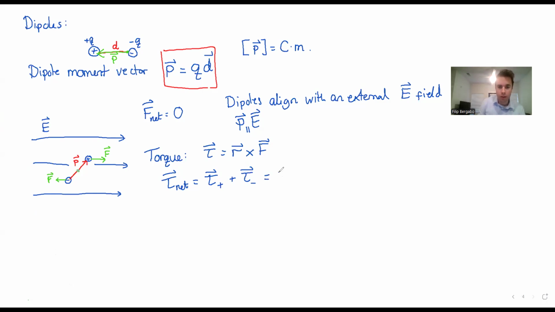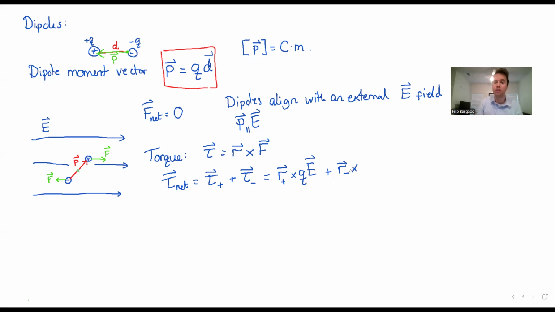So first I have the distance vector from the center of the dipole, that green dot, crossed with the force on the positive charge, which again, the force from an electric field is just QE. So I have here R plus, the distance vector to the positive charge, crossed with QE, plus the distance vector to the negative charge crossed with its force from the electric field.